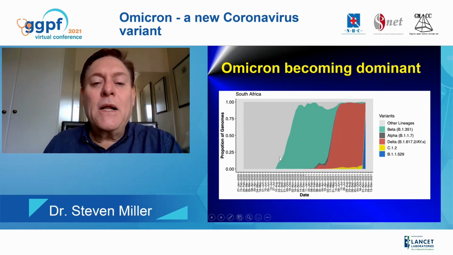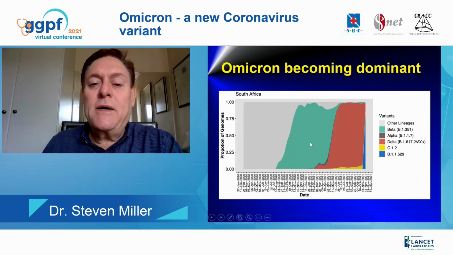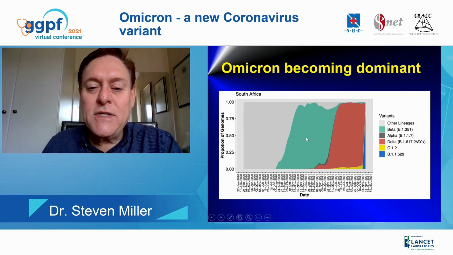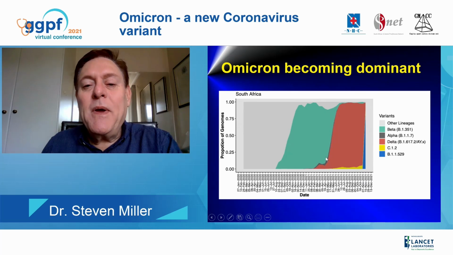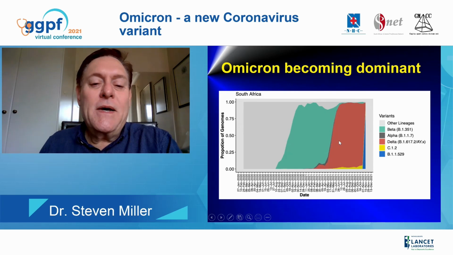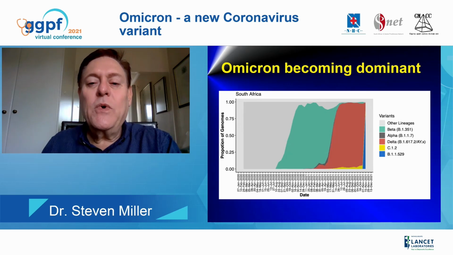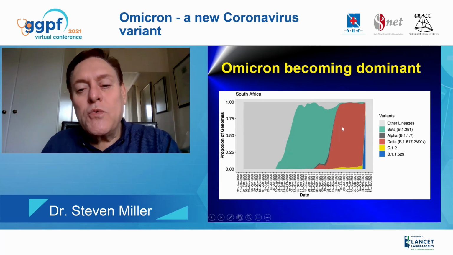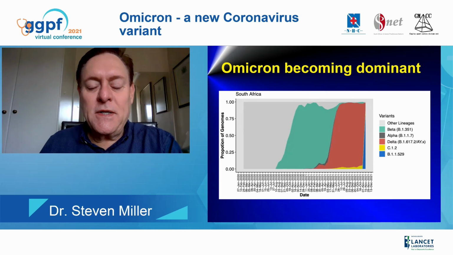Initially, the bulk of the infections last year were attributable to what we call the beta variant. Okay, that was the so-called South African variant. There was a little bit of alpha here, the UK variant, which popped its head up, but almost in a matter of weeks, everything was eclipsed by Delta, which has persisted worldwide as the dominant variant up until now.